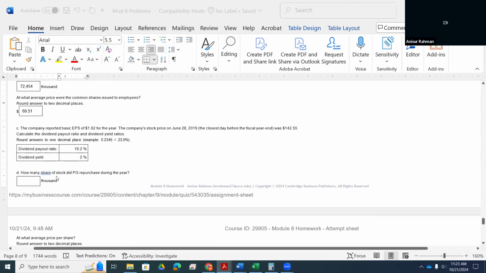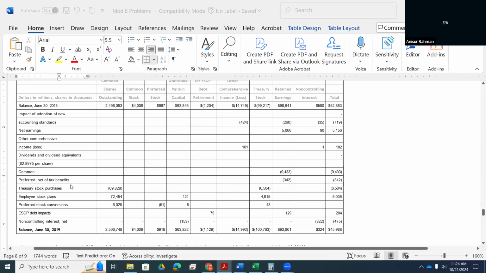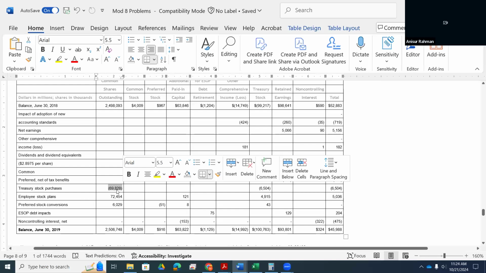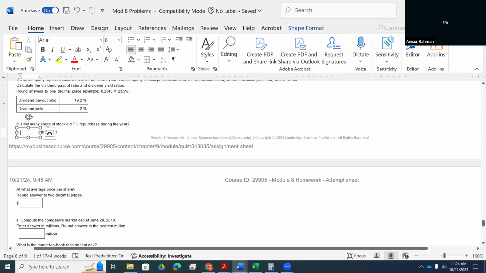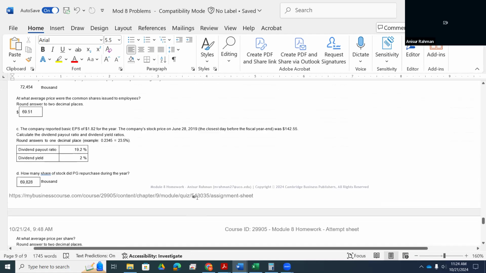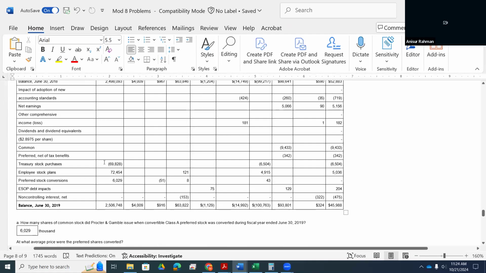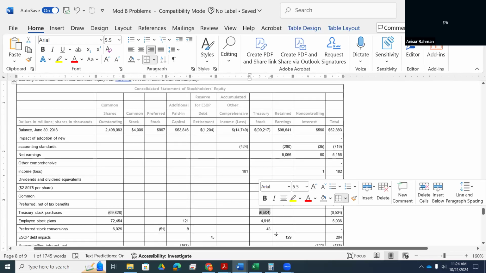Now for D, how many shares of stock did PG repurchase during the year? So let's see. Treasury stock purchase, 69,828. Let's remove the negative or parenthesis. At what average price per share? So again, average price per share. That was the number of shares in 1,000, and this was the cost, in million.